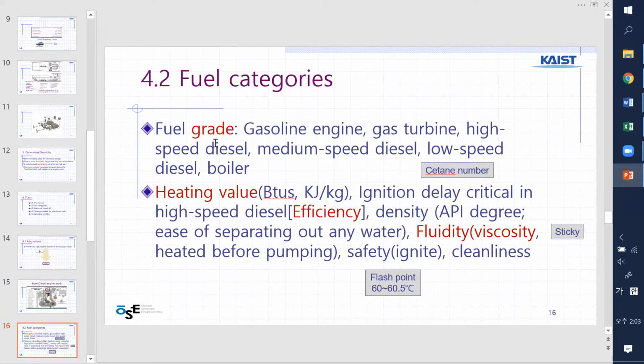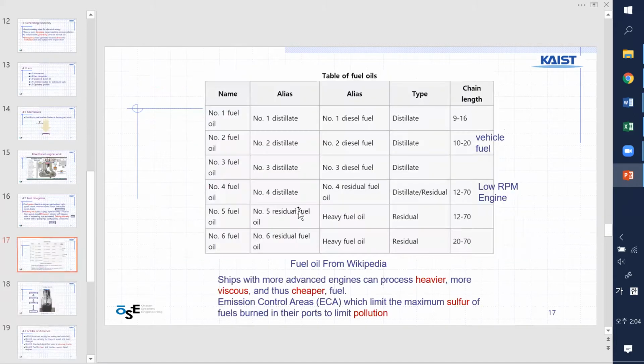Fuel categories, fuel grade. Cars use gasoline engines, gas turbines, high-speed diesel, and medium-speed diesel. And for the low-speed diesel engine or boiler, they use very low grade fuel. There are several properties of fuel oil: heating value, ignition delay, density, degree, viscosity, safety, cleanness, something like that.